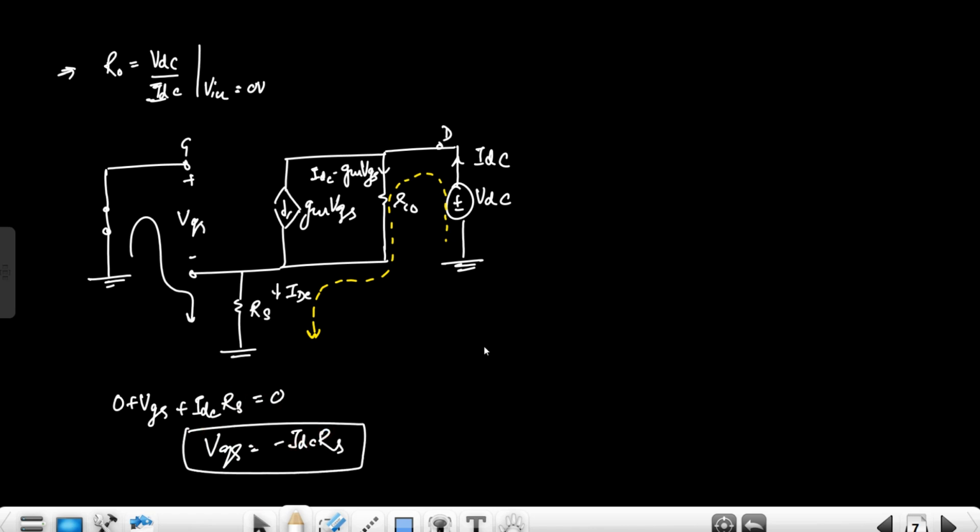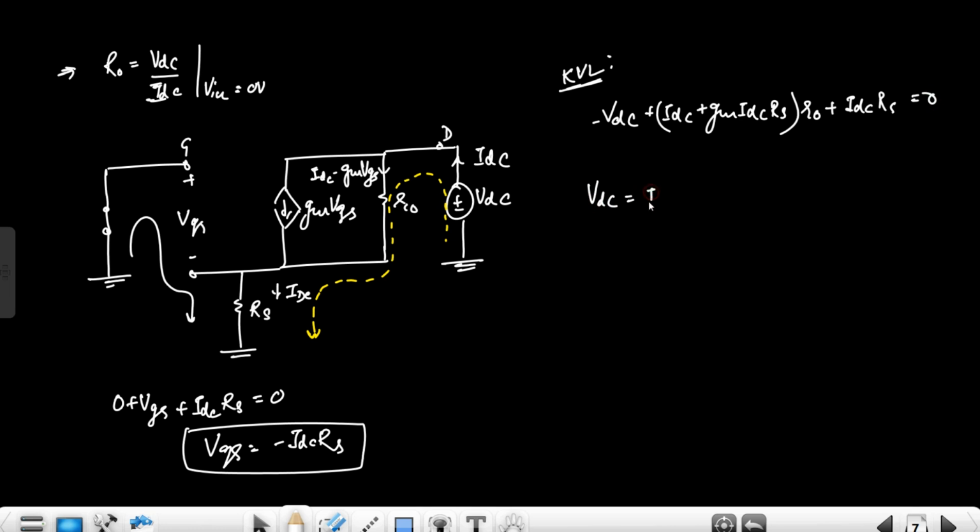Now when you apply KVL, it will be minus VDC plus IDC minus GM VGS, and VGS is minus IDC RS, so it will be plus IDC RS R0 plus IDC RS, that will be equal to 0. So VDC is equal to, if I take IDC common, R0 plus GM RS R0 plus RS, right?